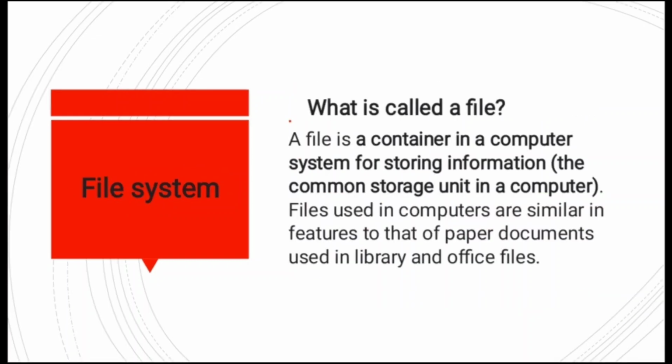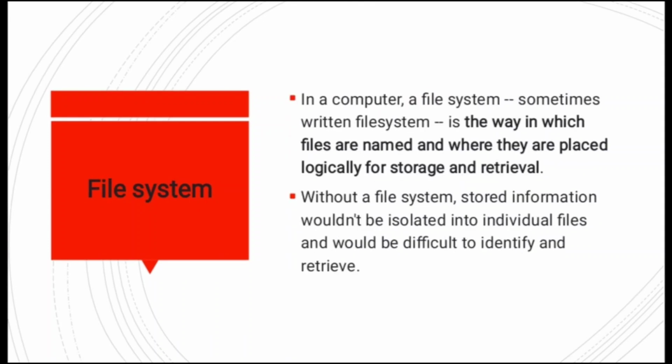What is a file? A file is a container in a computer system for storing information, the common storage unit in a computer. Files used in computers are similar in features to paper documents used in library and office files. In a computer, a file system, sometimes written filesystem, is the way in which files are named and where they are placed logically for storage and retrieval.